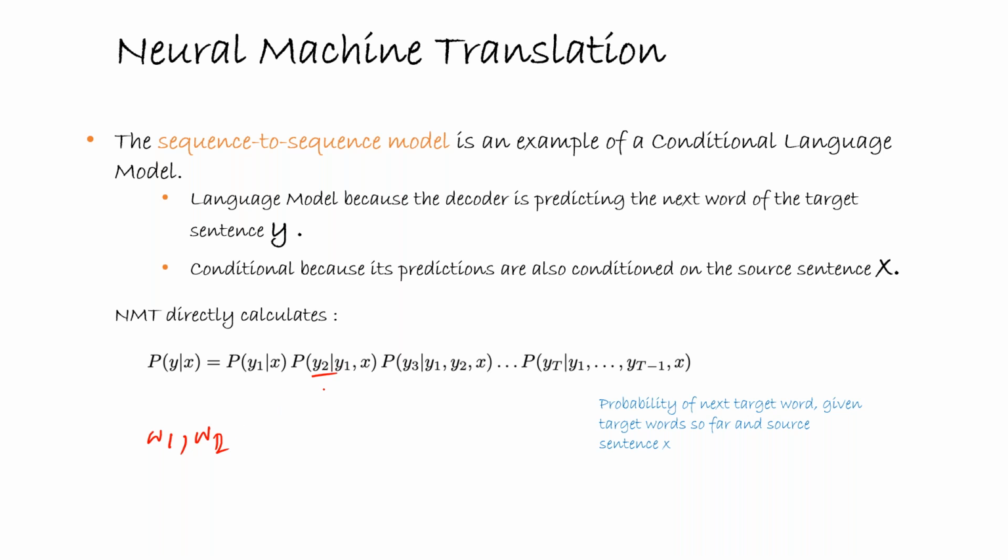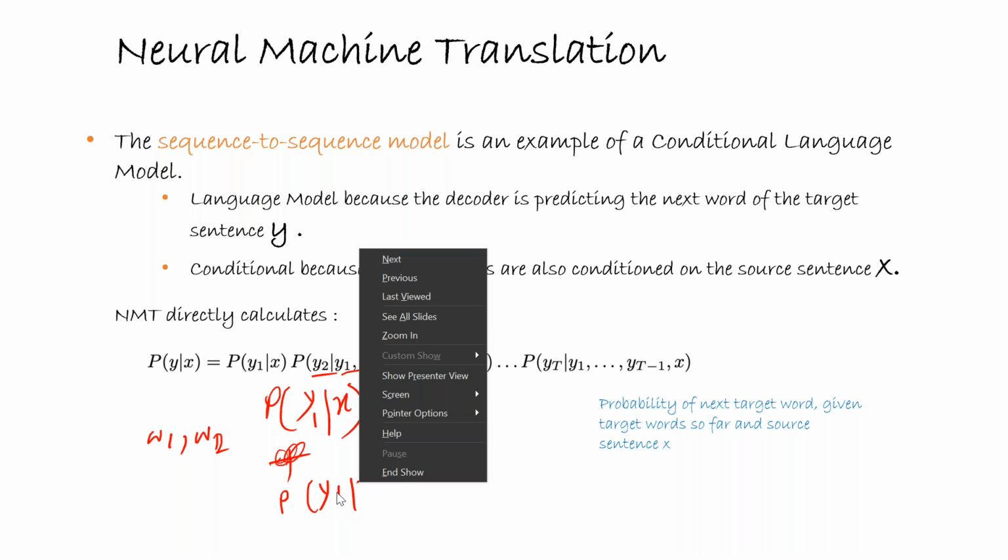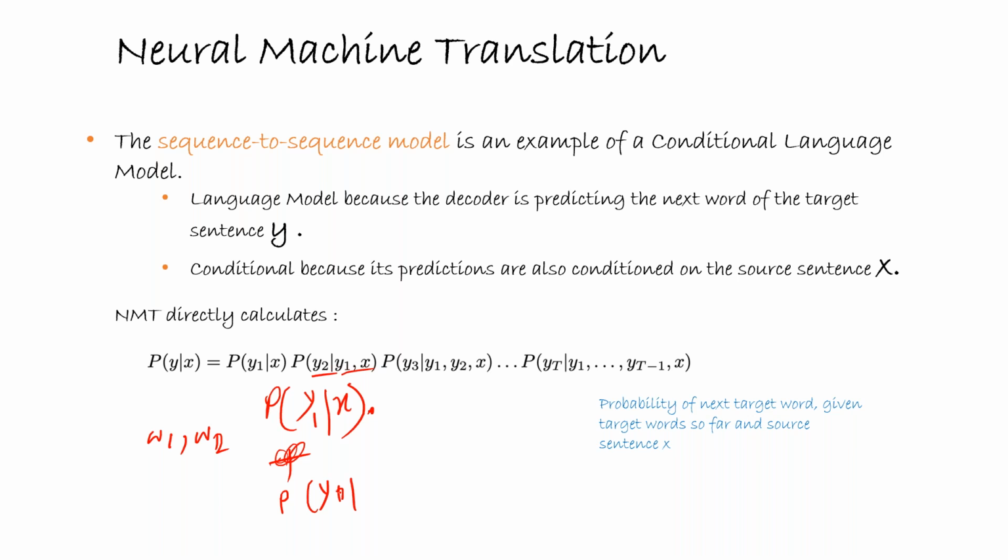As an example, in the first step I calculate the probability of Y1 given X, the source sentence. Then the probability of Y2, where I also take the Y1 that I already predicted. Then in the next step the probability of Y3 given Y1, Y2 and X, and so on.